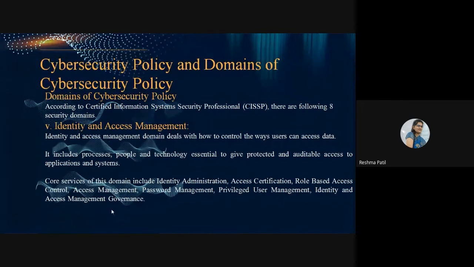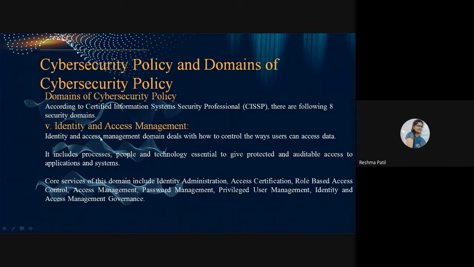Then the next domain, domain number 5, is identity and access management. So here username and password identity is there. How can we identify that particular person? If it is digital, a user ID and password will be there, plus an OTP. Only the authorized person will get that OTP, and they can access the system.